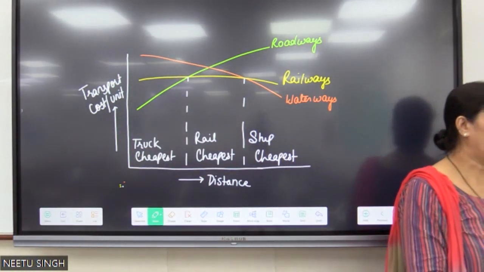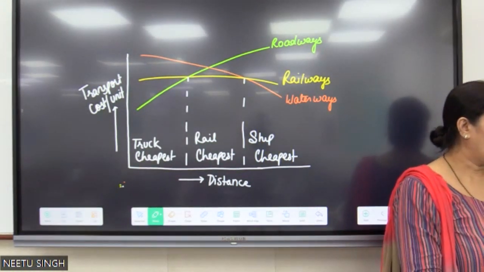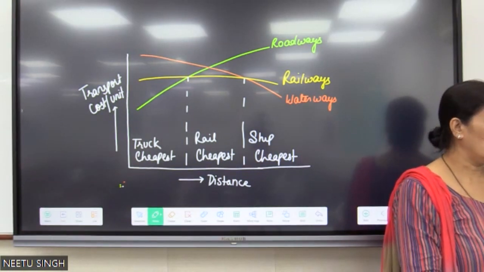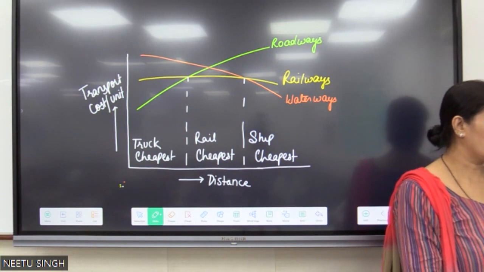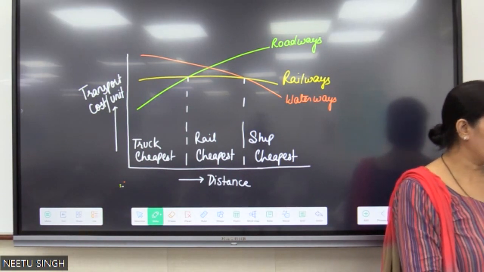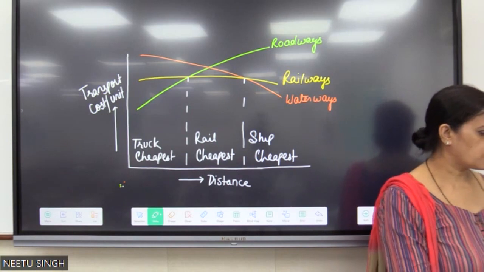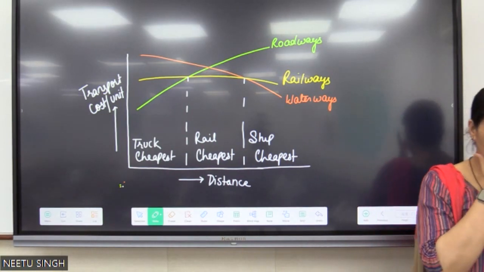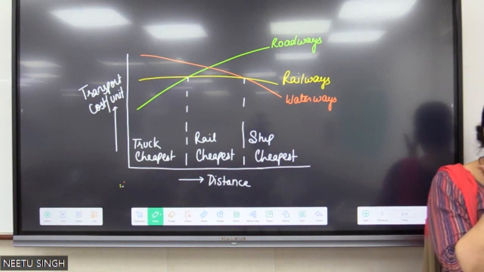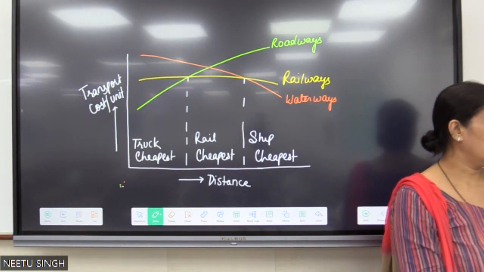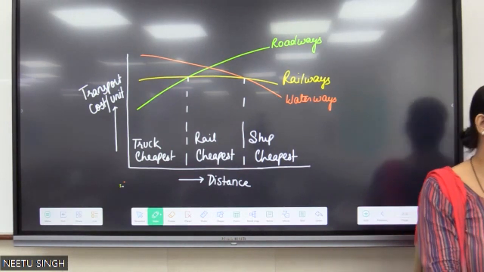So if I travel from Vancouver to Tokyo, I have to bear higher variable cost, but I can compensate the high fixed cost. Long distance travel, ship is cheapest. Intermediate distance travel, rail is cheapest.